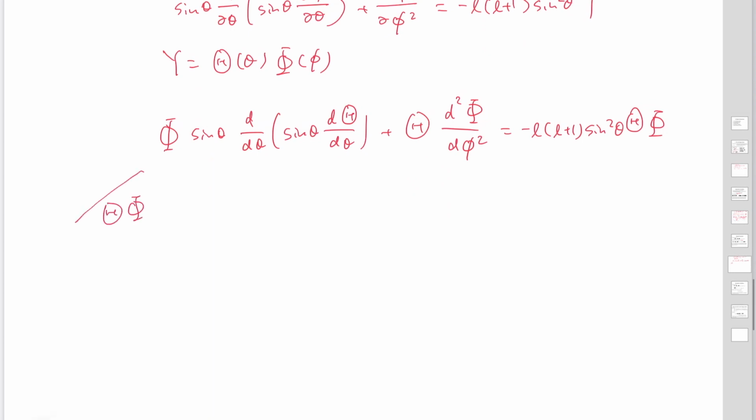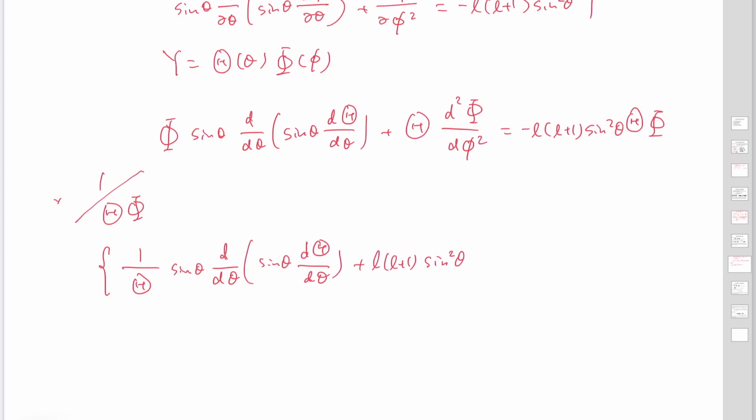Then divided by Theta and Phi multiplied, it becomes 1 over Theta sine theta d theta sine theta d theta plus L times L plus 1 sine square theta, plus 1 over Phi second derivative of Phi with respect to phi is going to be 0.